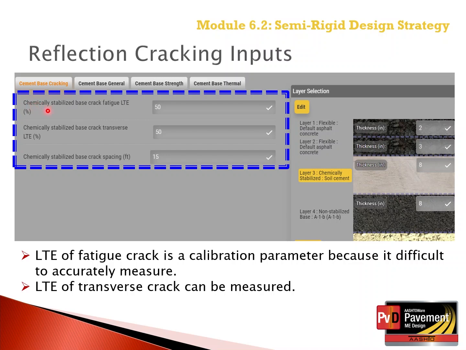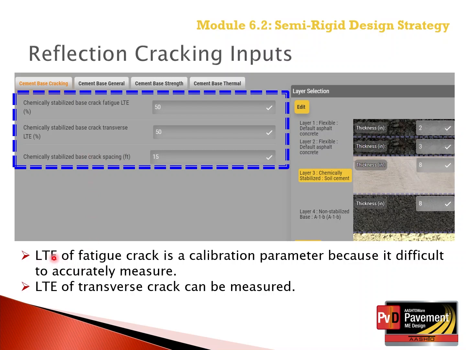And there's three. The low transfer efficiency for the fatigue cracks that are in the chemically stabilized base, the low transfer efficiency of the transverse cracks or shrinkage cracks that are part of the chemically stabilized layer, and then the transverse crack spacing that basically represents the spacing of the transverse cracks.